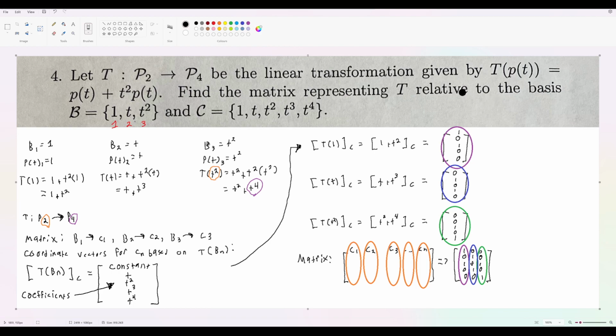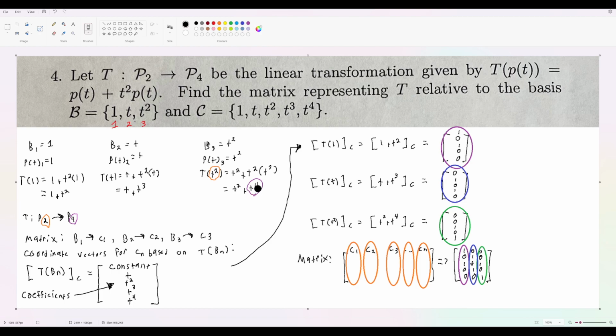So T of 1 is just going to go to 1 plus t squared times 1, which is just 1 plus t squared. Similarly, T(p(t)) where p(t) is equal to t is going to go to t plus t squared times t, which is t plus t cubed.